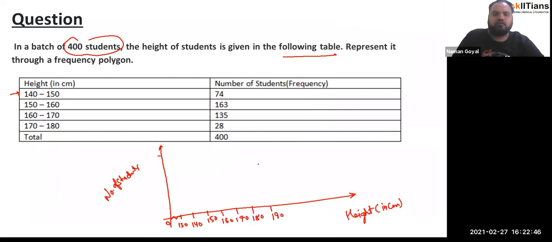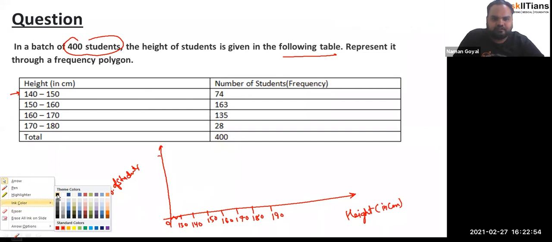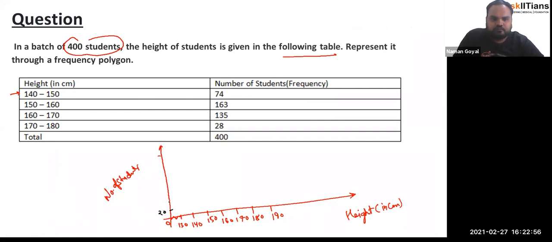Now the data is very large, so we can take a difference of 20 on the y-axis. So 20, 40, 60, 80, 100, 120, 140, 160, or 180. We can take it like that.